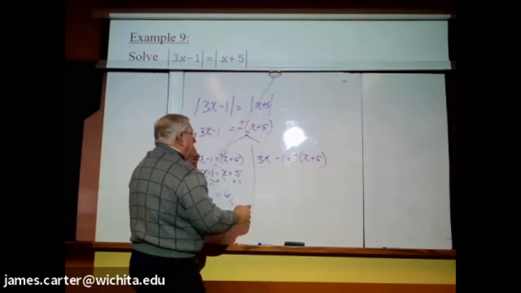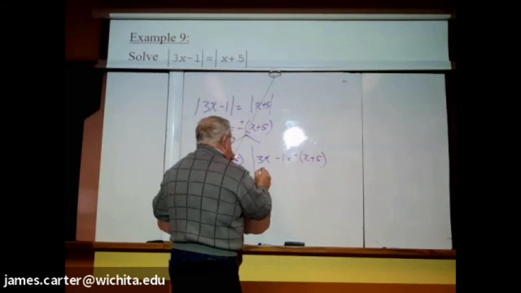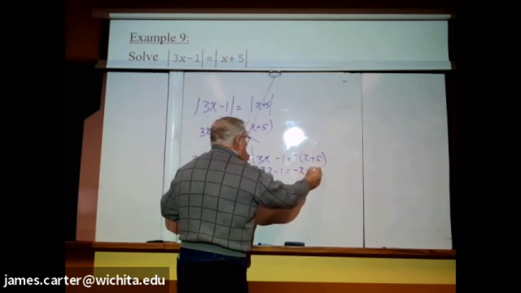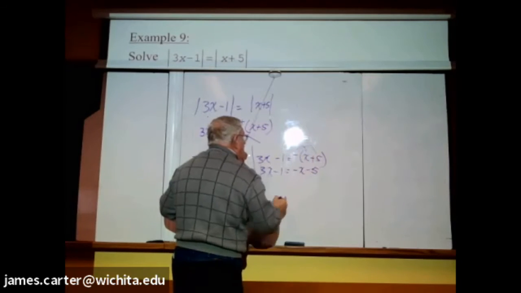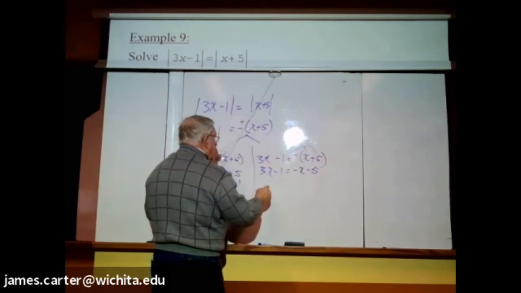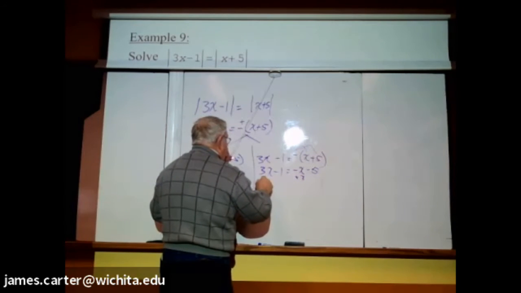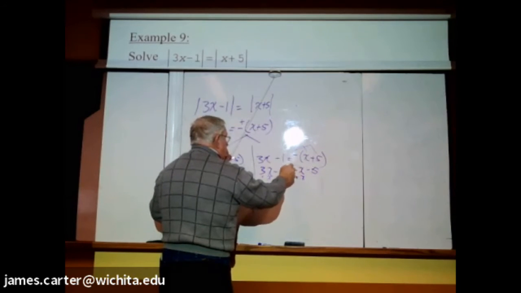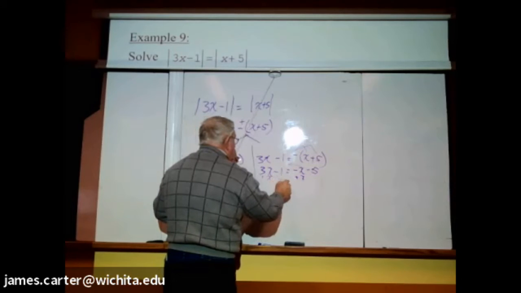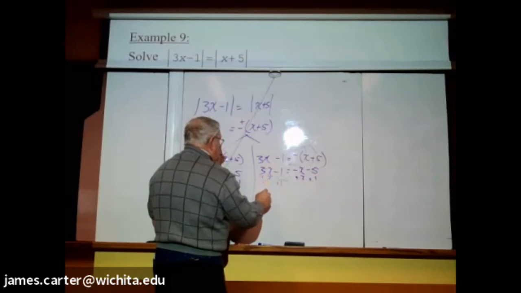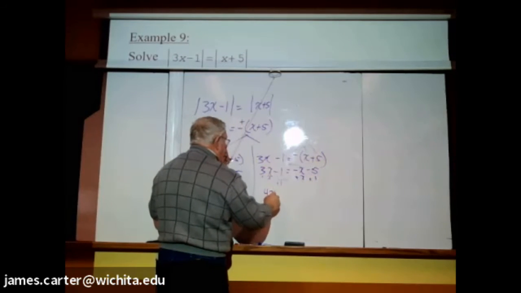For this one, 3x minus 1 equals negative x minus 5. I have to distribute that negative both places. Okay, now I'm going to add a positive x to both sides to get this over here. And then I'm going to add a positive 1 to both sides here. 3x and 1x makes 4x.